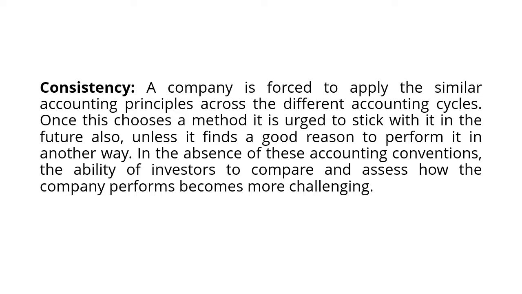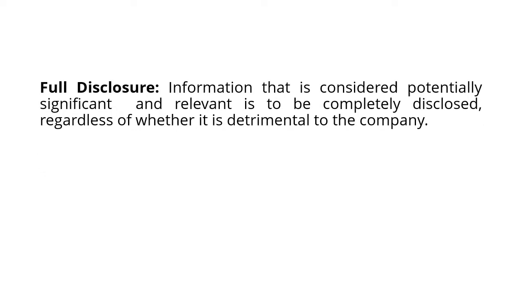Once it chooses a method, it is urged to stick with it in the future also, unless it finds a good reason to perform it in another way. In the absence of these accounting conventions, the ability of investors to compare and assess how the company performs becomes more challenging, because if the methods are going to be different, it is really difficult for the investors to assess the actual position of the organization.